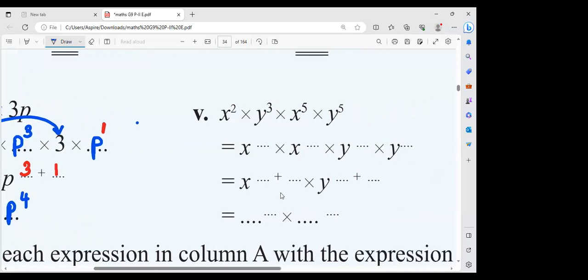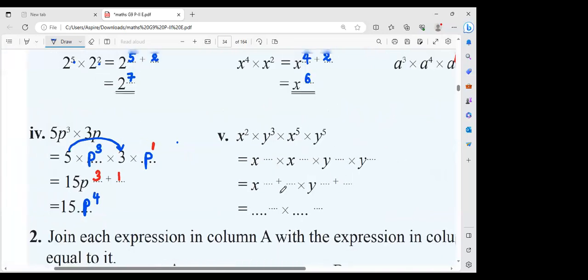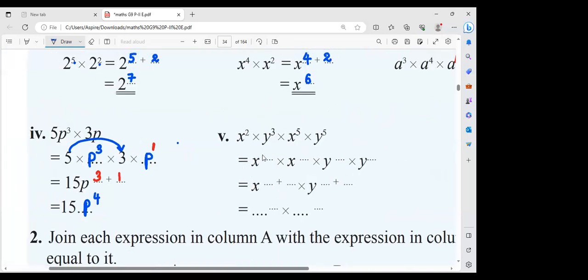Okay. In the fifth question, here also they have written the powers with the same bases near to each other. Then you have to put the relevant indices.